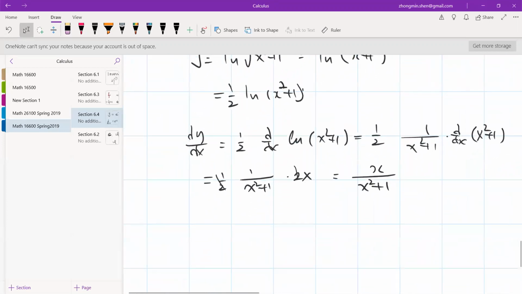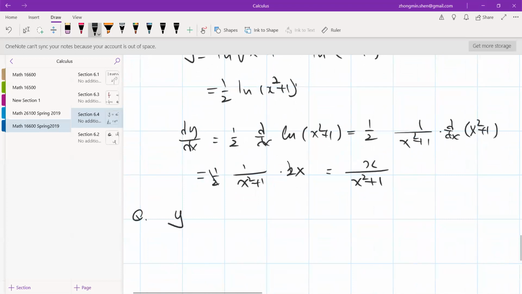Okay, so the next problem: y equals natural log of x plus 1 over x minus 1. Find the derivative of y with respect to x. It's a quotient of two functions.